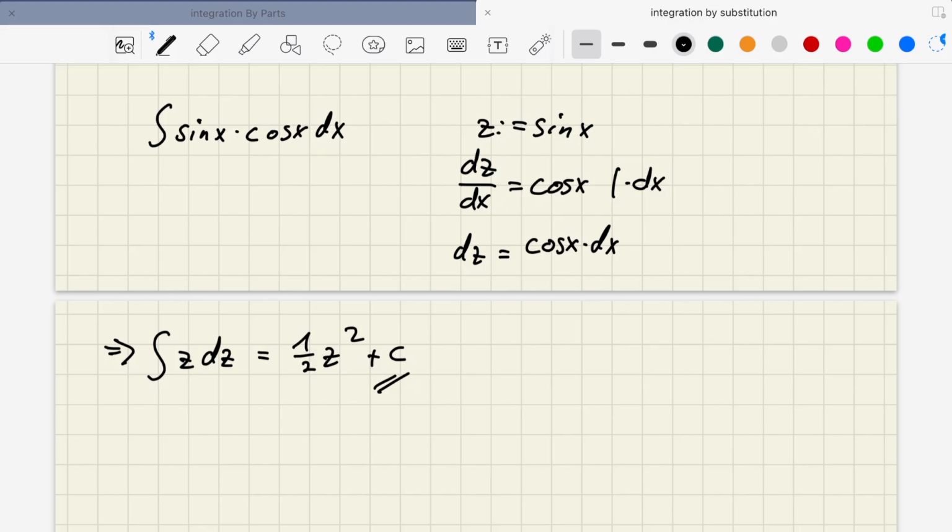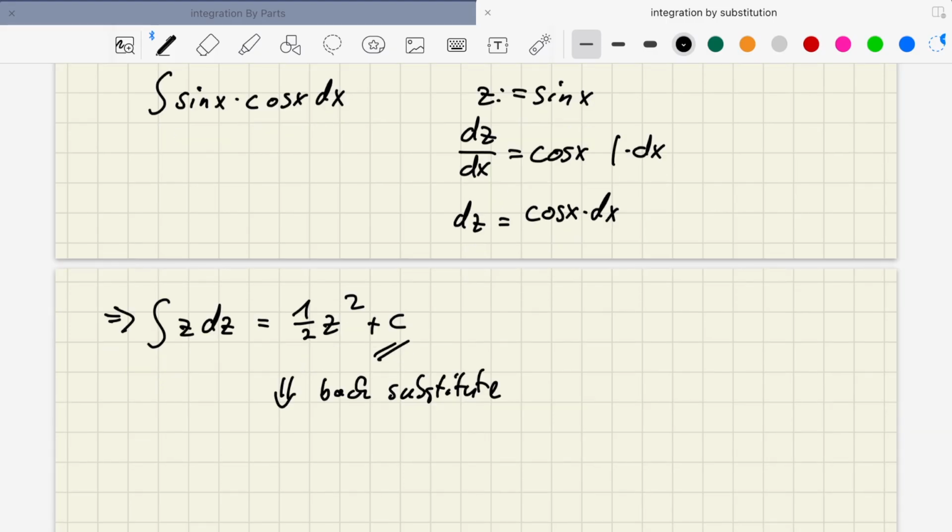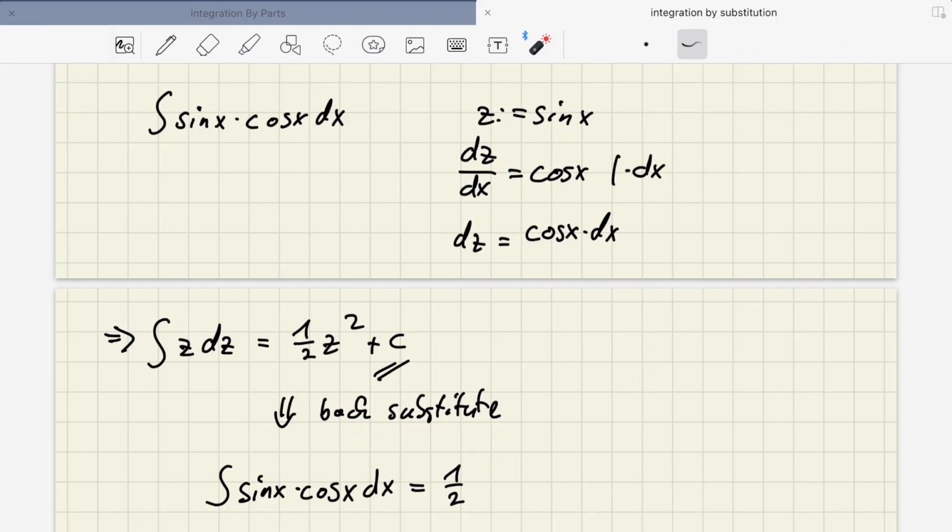Okay. So now you back substitute. Our initial integral was sine x multiplied by cosine x dx, which is equal to 1.5. Back substitute. So z is equal to sine x, sine x squared plus c.